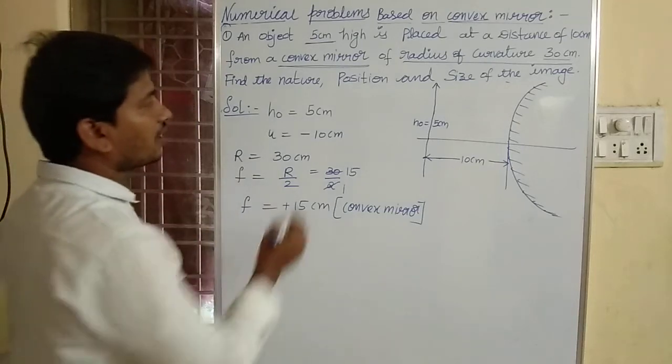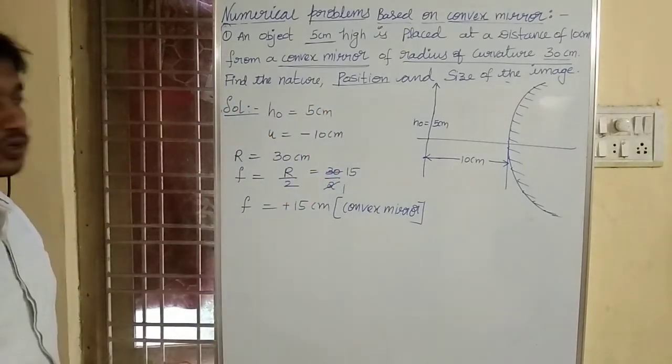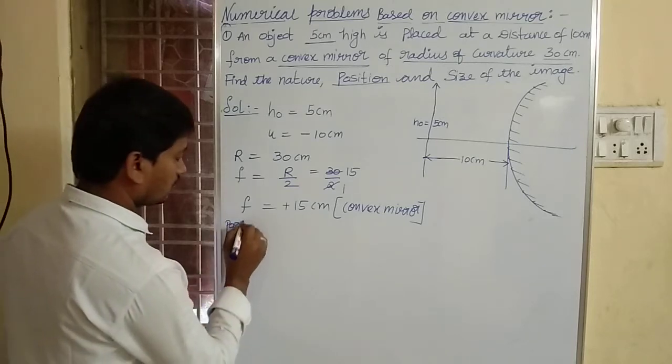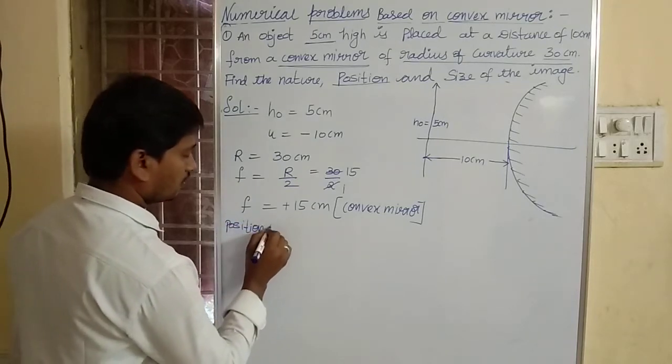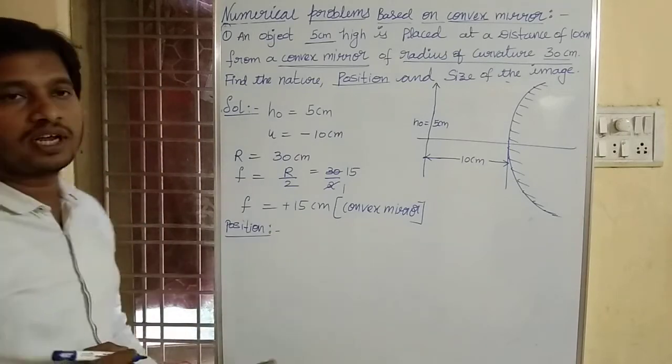First let us find out where we get the image, the position of the image. So let us substitute these values in the mirror formula.